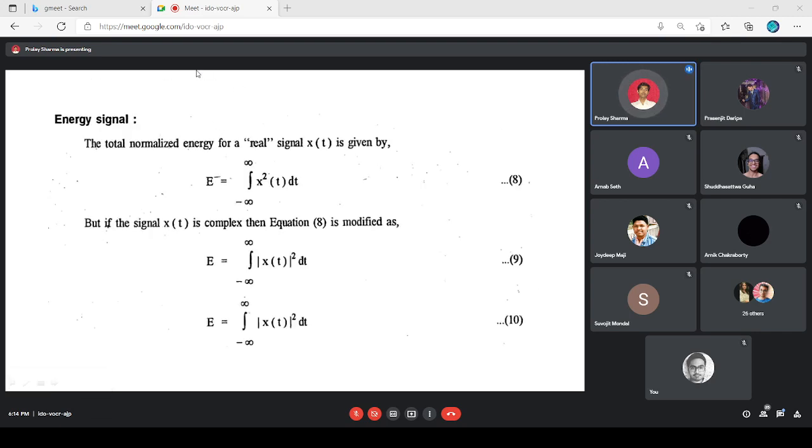Now, if we want to find out the energy of the signal, if x(t) is the signal, then we consider its area. We know the area is the integration from minus infinity to plus infinity of x(t) dt.